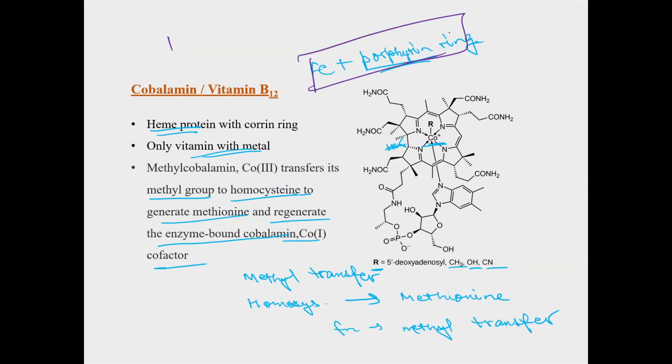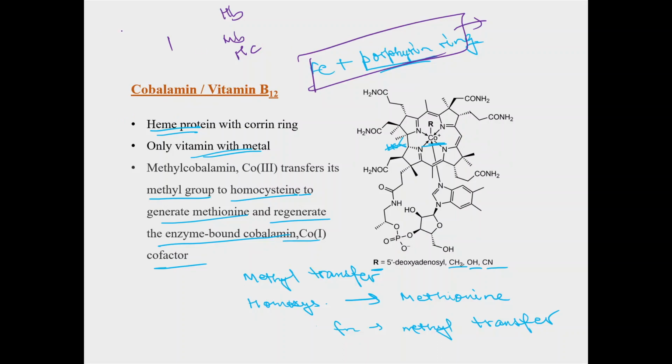That's the definition when we find out among hemoglobin, myoglobin, hemocyanin, and all those, what is a heme protein. We say that the presence of Fe and porphyrin ring is necessary, but this is also a heme protein only. But in this case, it is a corrin ring.